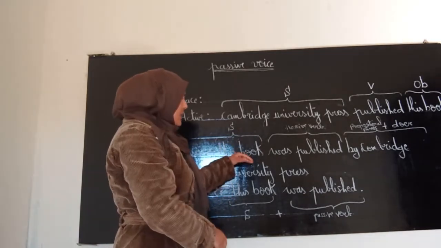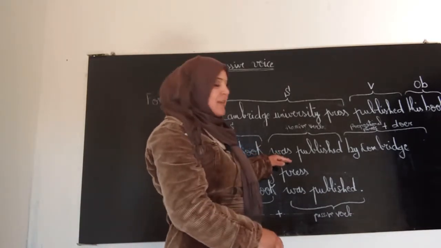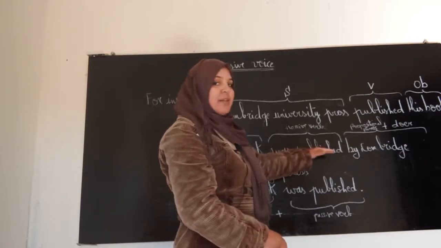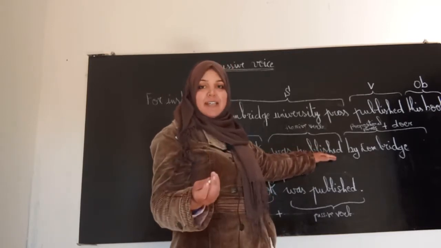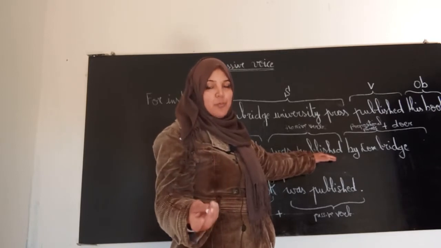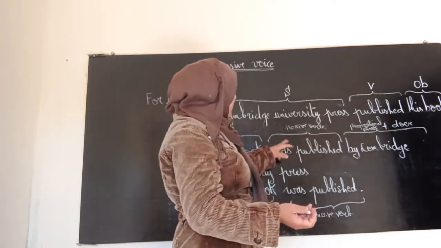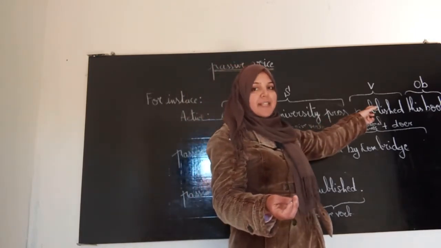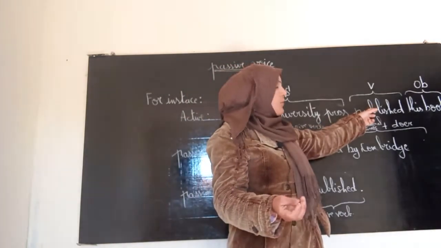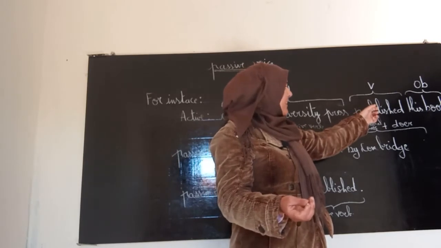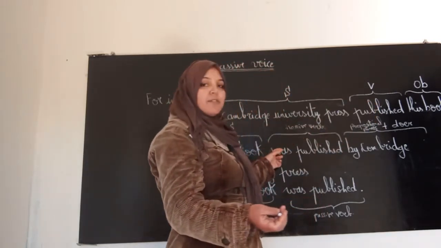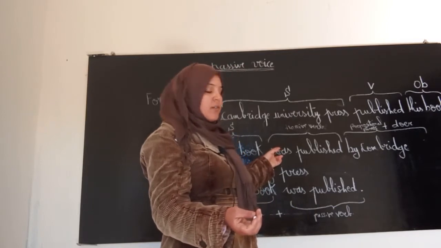Okay? This book was published. Okay? So was published is what? Is passive verb, okay? So we conjugate verb to be according to the verb in active sentence, okay? The verb here is in simple past. We conjugate verb to be in simple past, okay?